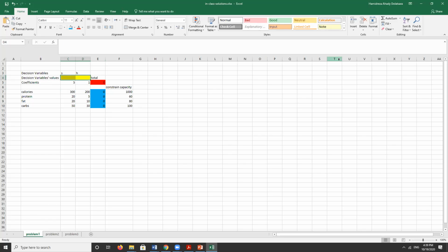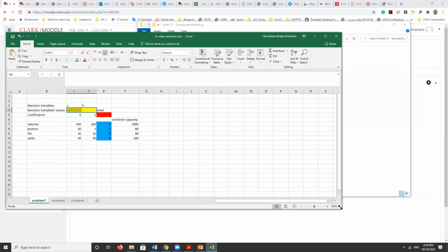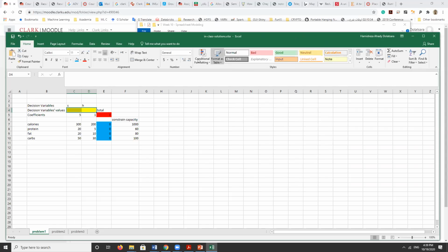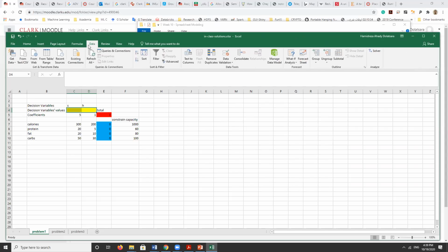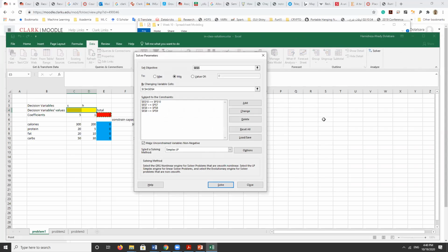Okay, before getting to the Solver add-in, any questions so far? No? Okay. So go to the Data tab, then click Solver. It's really easy. You need to define 3 things.